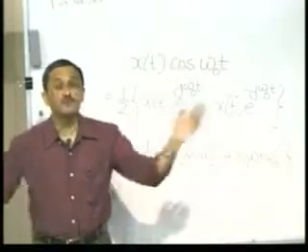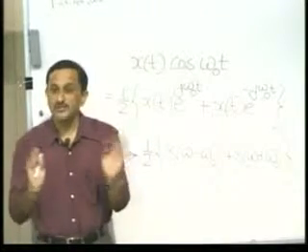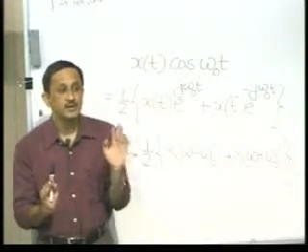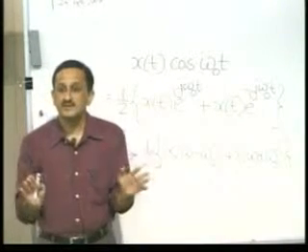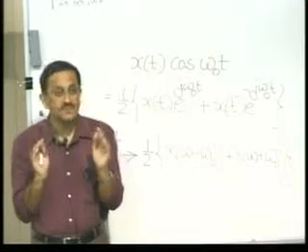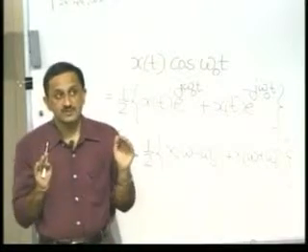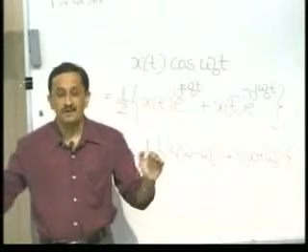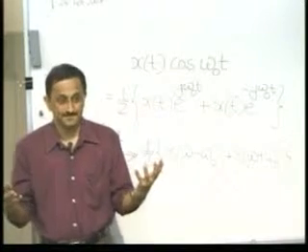Suppose many people want to transmit their music at the same time. By and large, our audio frequencies are in the range 20 hertz to 20 kilohertz. So most songs would have a significant part of the spectrum. What do you mean by significant part of the spectrum? That means the part of the omega axis where mod X(omega) is significant.